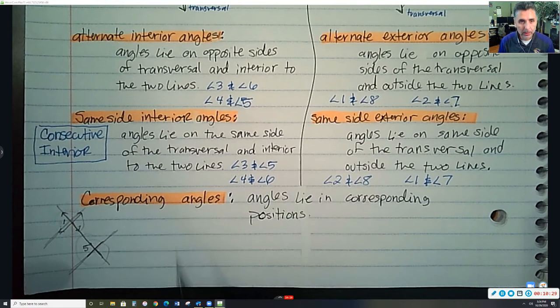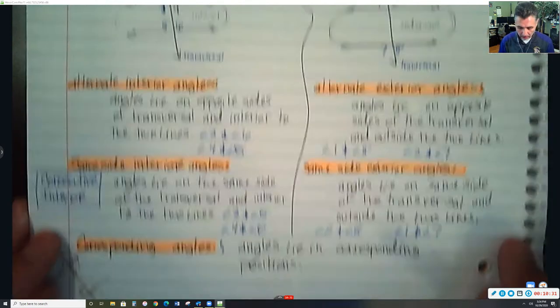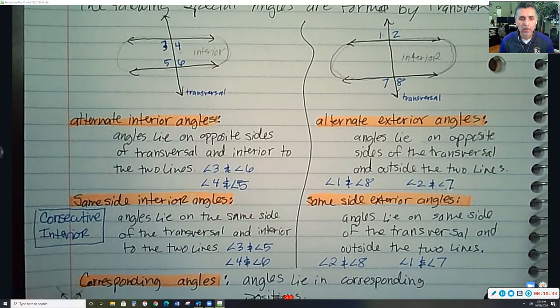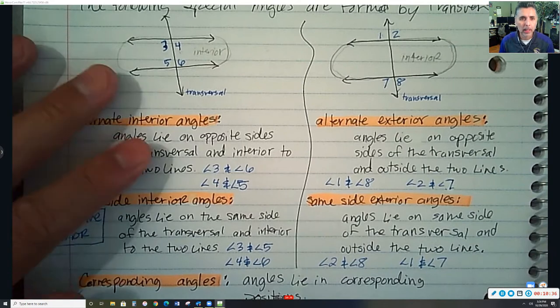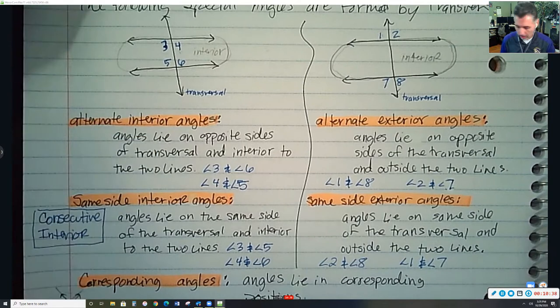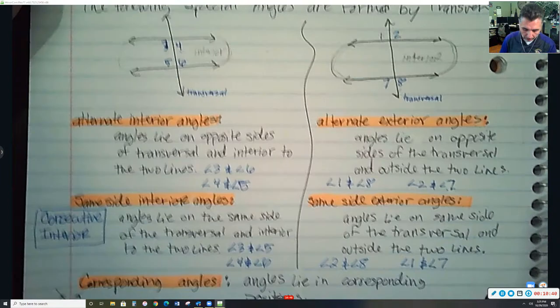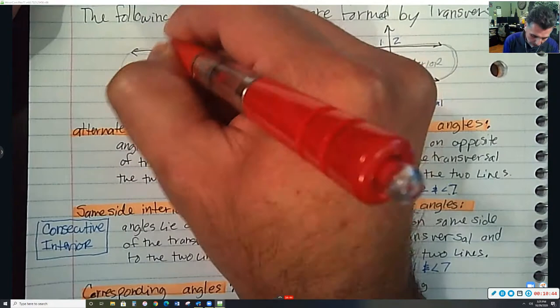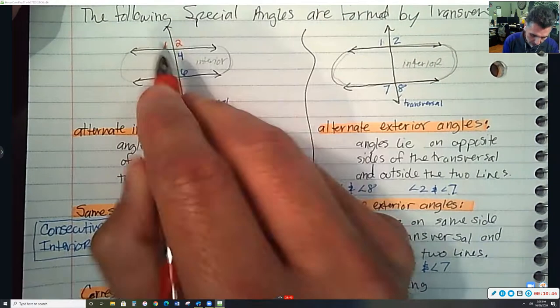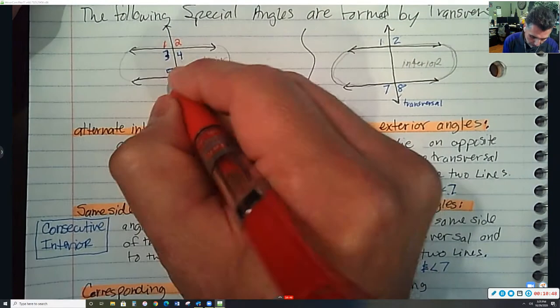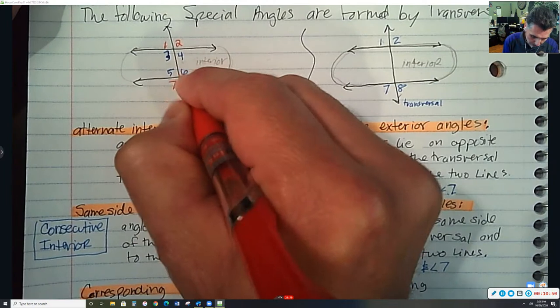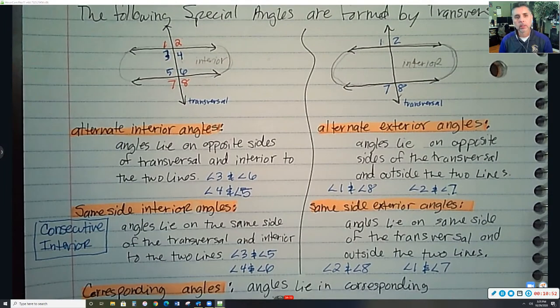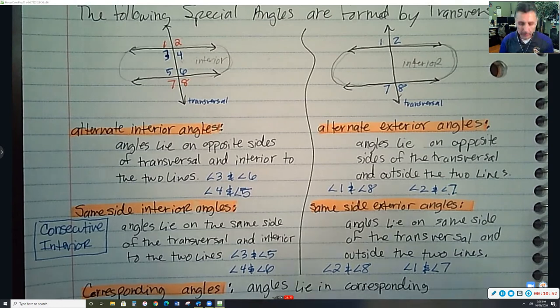So for corresponding angles, there's a whole bunch of corresponding angles up here. I don't have any written down, but let me fill in the angles in here more. If I put them all in here, 1, 2, 3, 4, 5, 6, 7, and 8, there's a bunch of different corresponding angles that we can come up with. I'm just going to come up with 2 pairs.